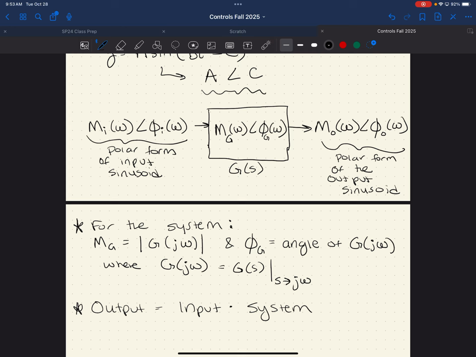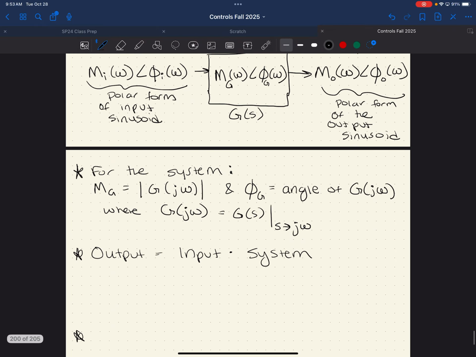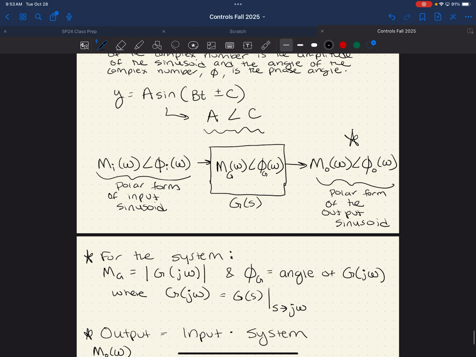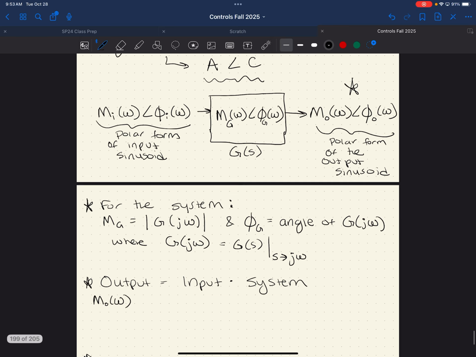Okay, after we're in this form, we see this block diagram. With any and all of our block diagrams, we know that the output, everything on the right-hand side, is equal to the signal or the input times the system. Same thing happens here, but now we're in polar form. So I can write this as M output. Oh, and notice also that my frequency is the same for all of these. Whatever frequency I have in the input is the frequency that's in the system, which is the frequency of the output, all the same omega.